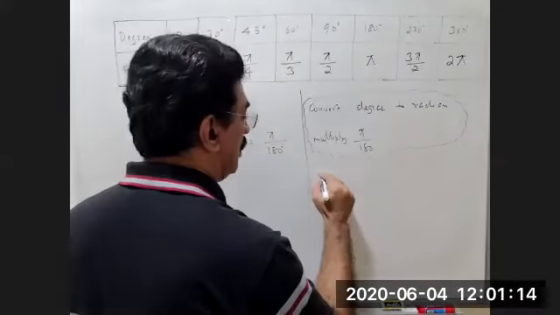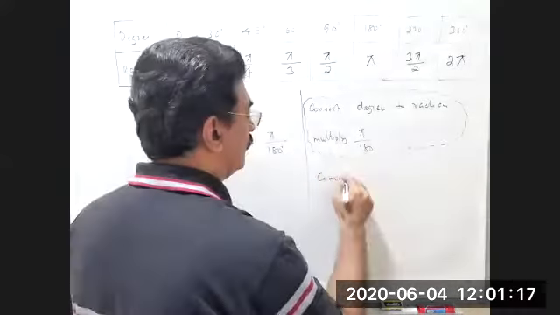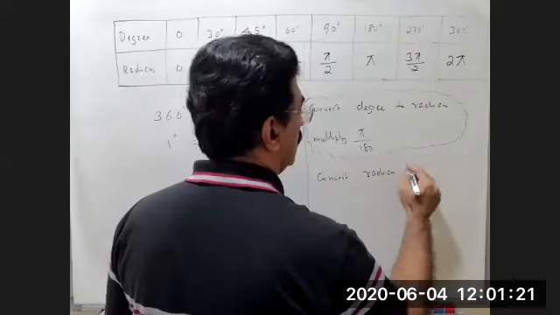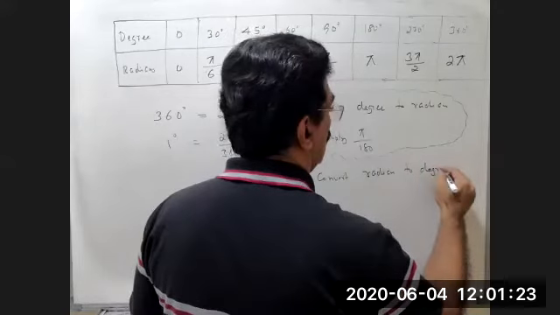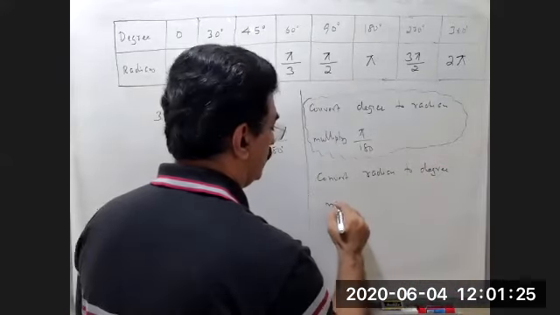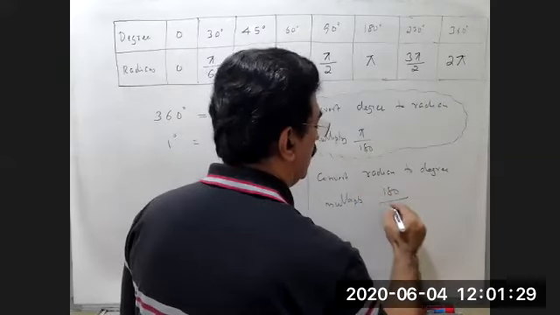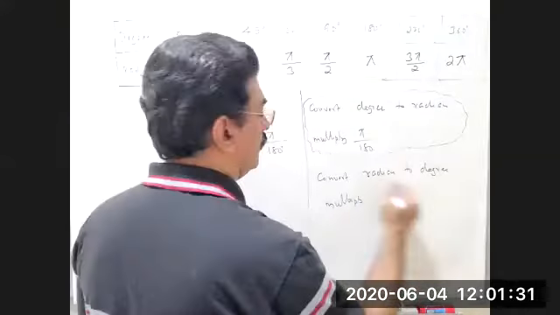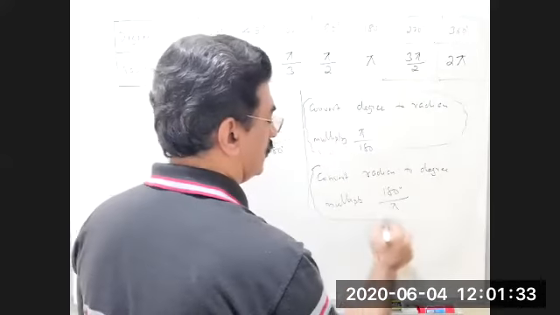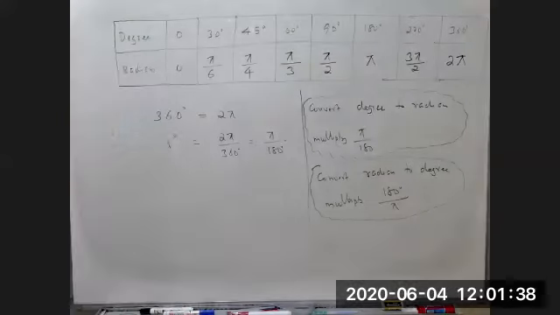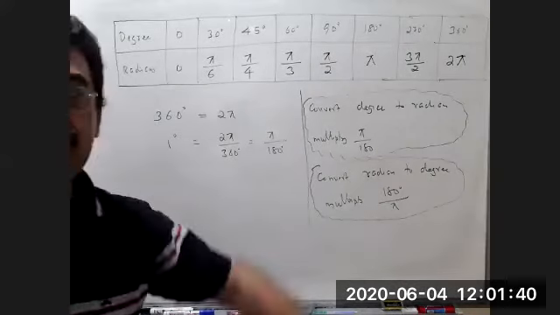Next one, to convert radian to degree, multiply with 180 by pi.